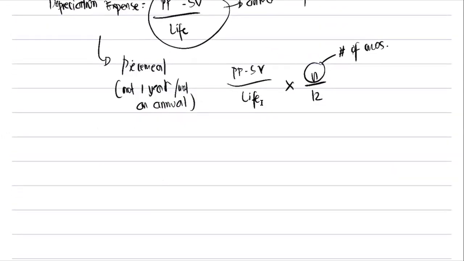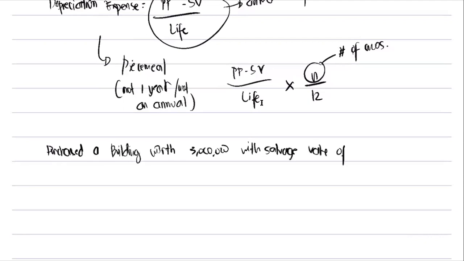Okay, so let's have an example. Purchase a building worth 5 million pesos with salvage value of 200,000 after 30 years on January 1, 2020.